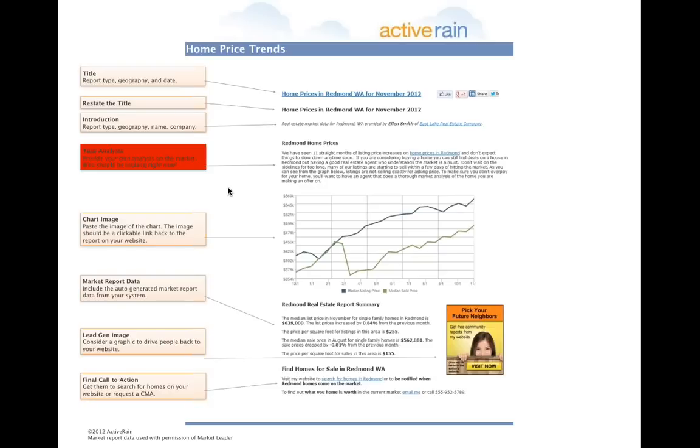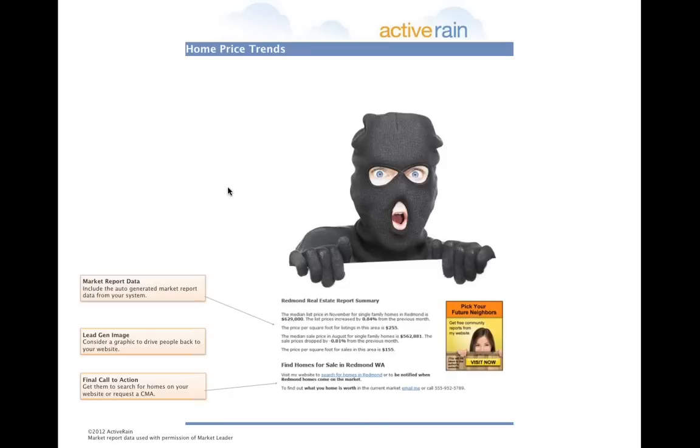I don't know. All right, so let's look at this bottom portion right here. We've got the market report data. This is from Market Insider, Top Producer, Altos Research. This is automated or auto-generated data that you can grab. And from Market Insider, the Market Leader product, that data is something we can just copy and paste, okay?